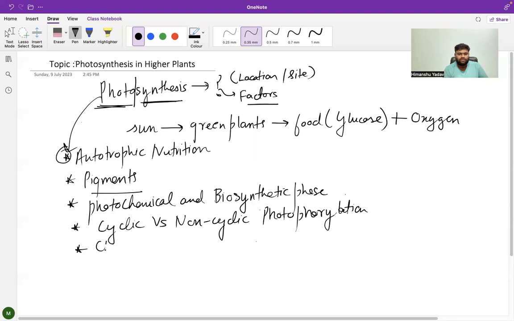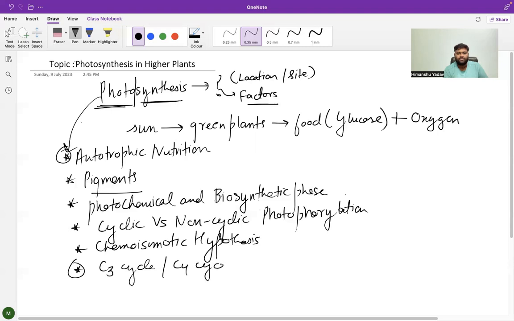Then we'll be looking at the chemiosmotic hypothesis. Then the C3 cycle, then the C4 cycle, and of course we'll look at the C2 plants where photorespiration takes place.